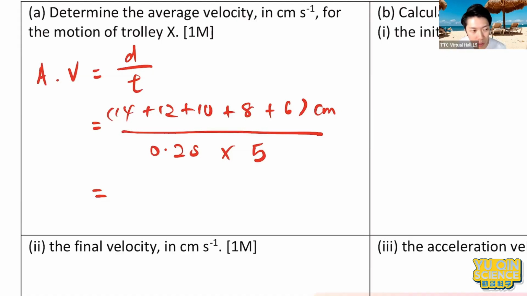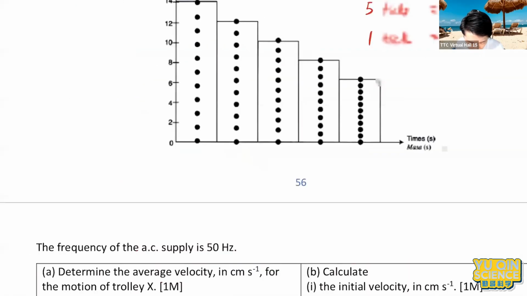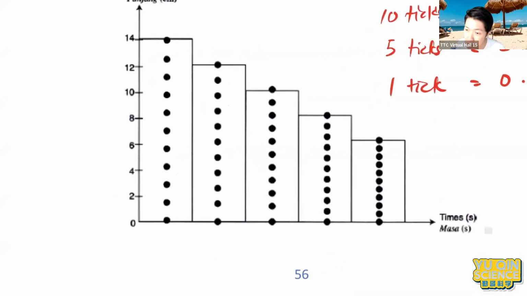Why only till 6? Because it's here 6, isn't it?